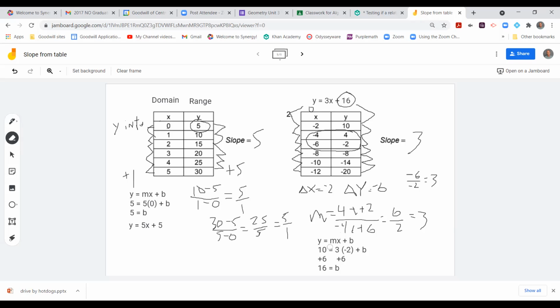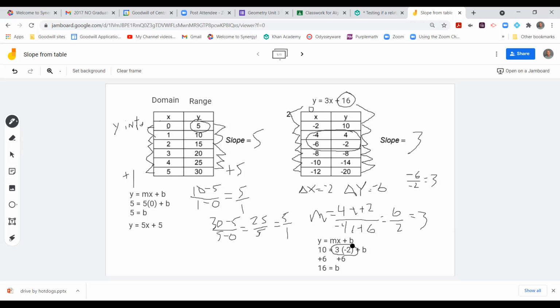Look at it closely, I did not multiply 3 times 2. I multiplied 3 times negative 2. That's negative 6. 3 times negative 2 is negative 6.